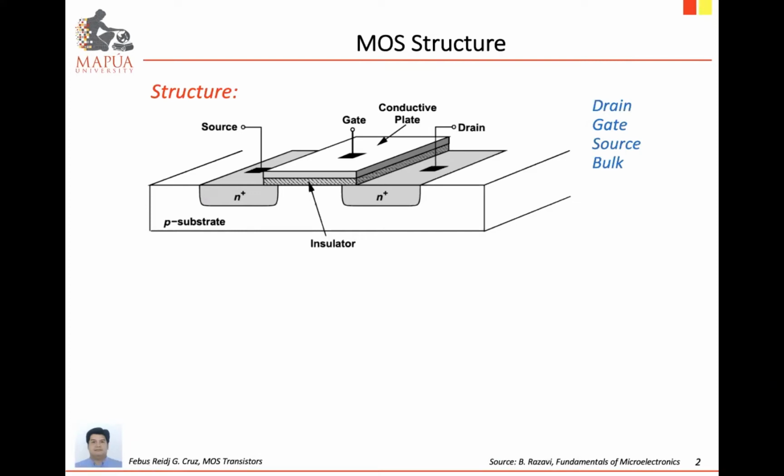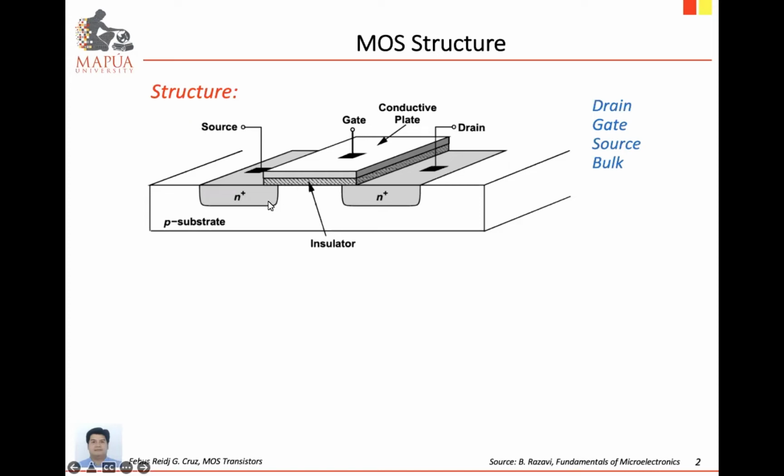So we have 4 terminals or 4 regions: the drain region, the gate region, the source region, and the bulk region. In this structure drawing, that is the bulk or the body, or the substrate.